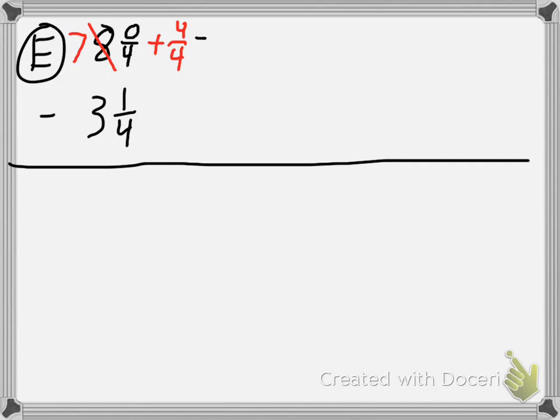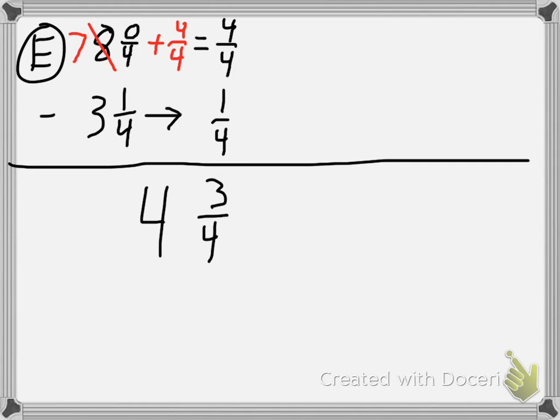So now I can go ahead and add 0 plus 4 is 4. So I have 4 fourths. And I'm just going to bring over my 1/4. And I'm going to go ahead and subtract my fractional pieces now. 4 minus 1 is 3. So 3 fourths. 7 minus 3 is 4. 4 3/4 is my answer here.